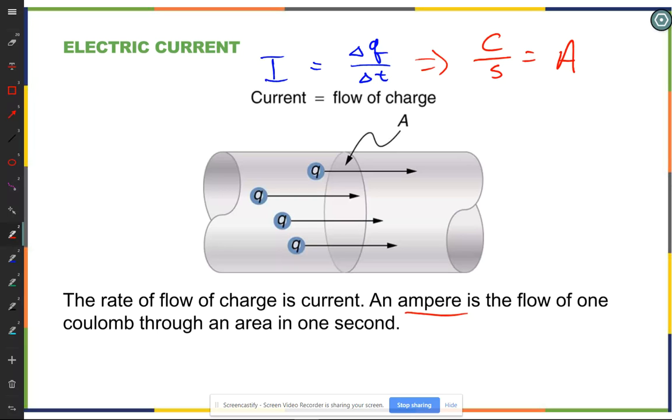And then the coulomb is defined as an ampere times a second. And that's a derived unit. Seems weird, right? Because charge is an innate property of matter. It seems that we would have a fundamental unit defining how much charge there is. But we have the ampere as the fundamental unit for reproducibility of the definition, which will come later.